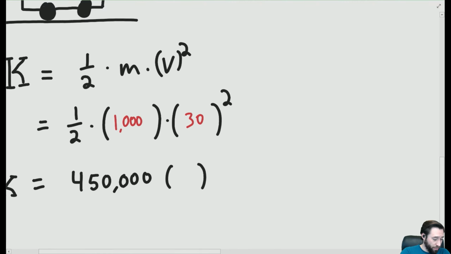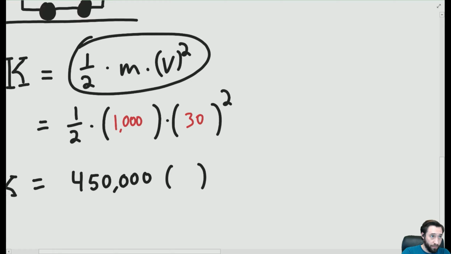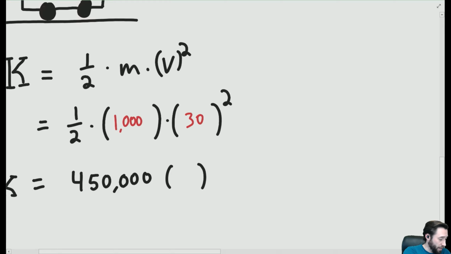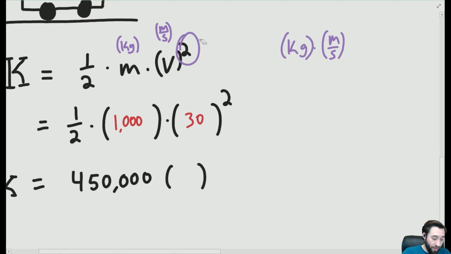If I know that this is the equation, and I know that the units for mass are kilograms, and the units for velocity are meters per second, I would have kilograms times meters over seconds, but the velocity is squared, so I have to also apply that to the units.